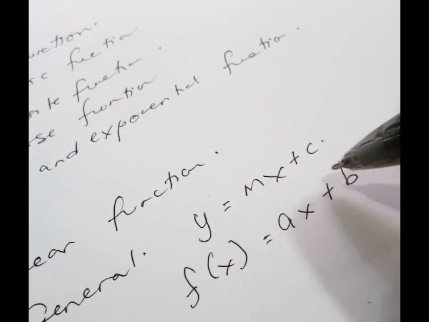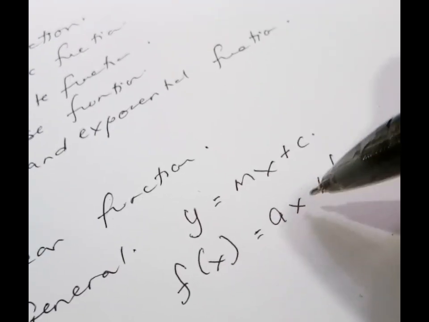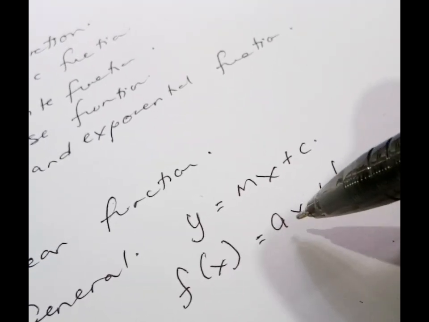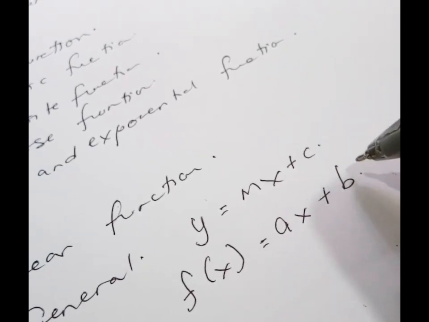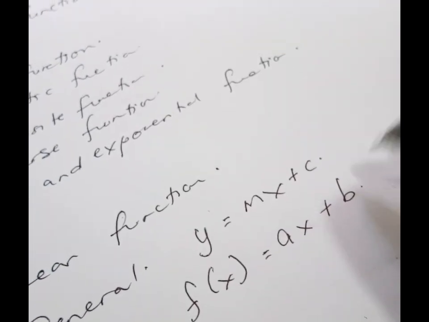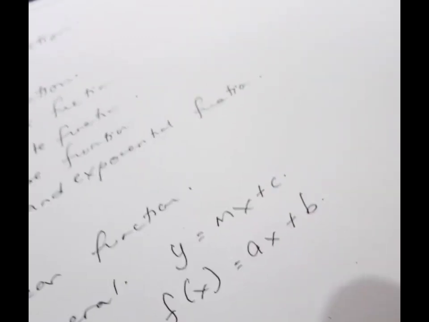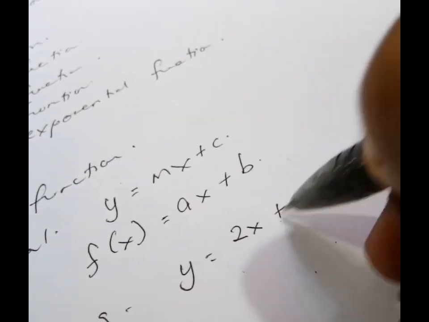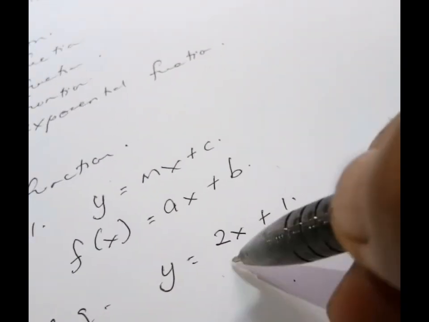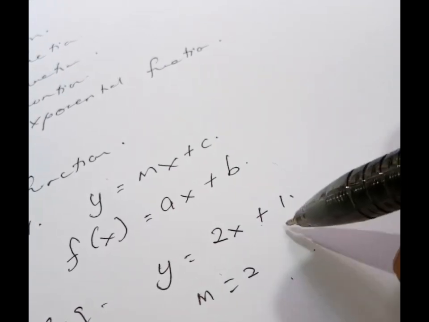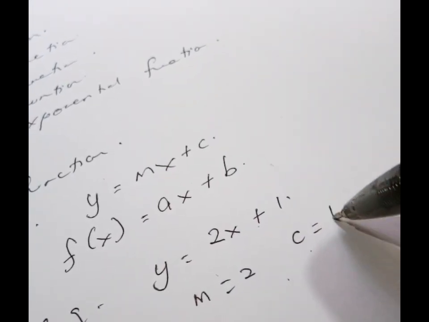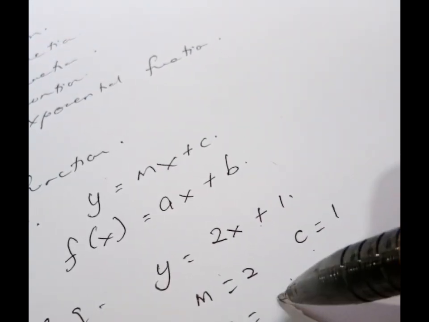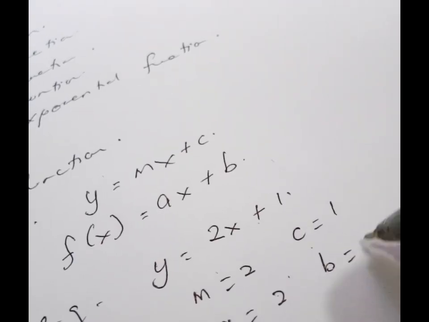There are two very common ways of writing a linear function. An example of a linear function is y equal to 2x plus 1. So m here is 2 and c is 1, or a here is 2 and b here is 1.